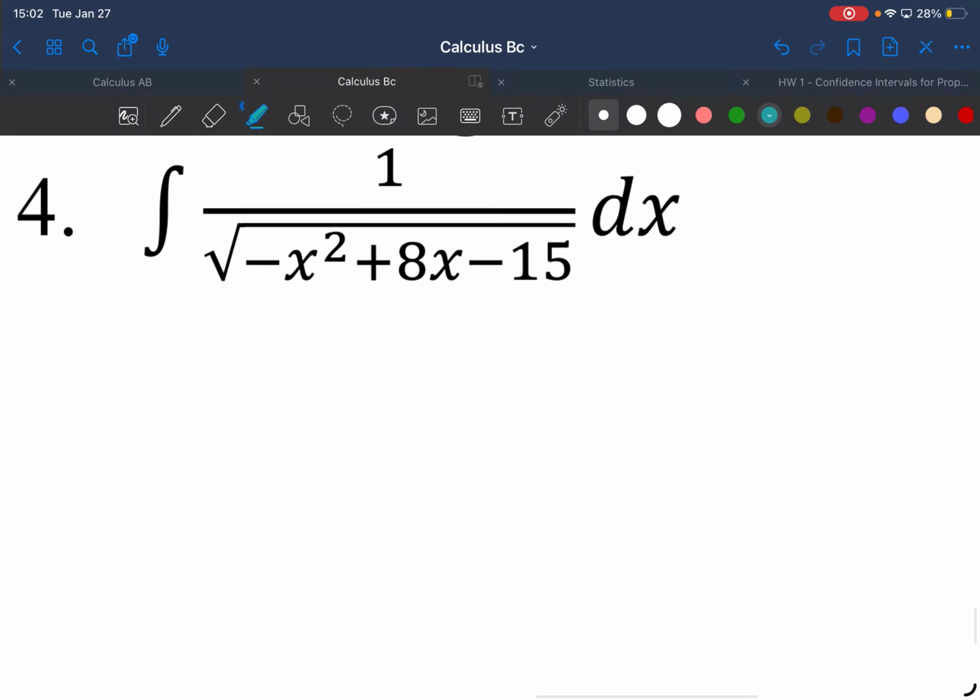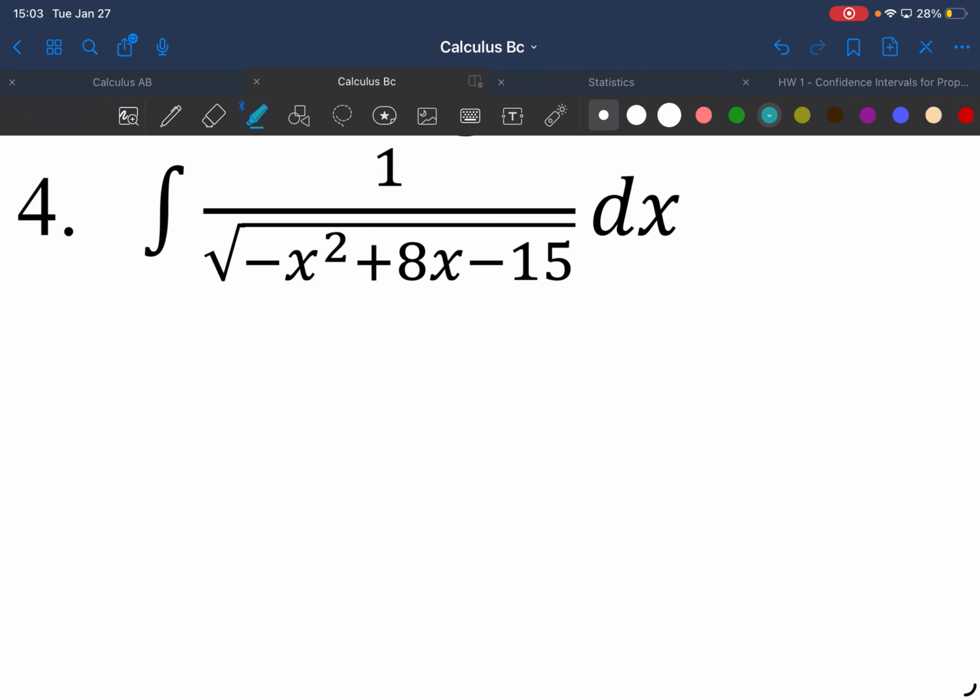Okay, we're not there yet though, on number 4. So number 4, again, let's say you don't know this is completing the square. Your first instinct would probably be u substitution because we have that square root. Just know that if we have a large polynomial like this, when we take the derivative, we're still going to have x in our problem.